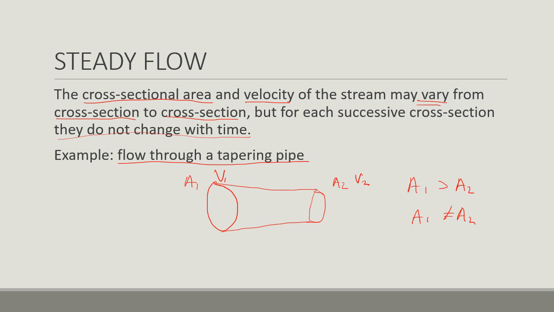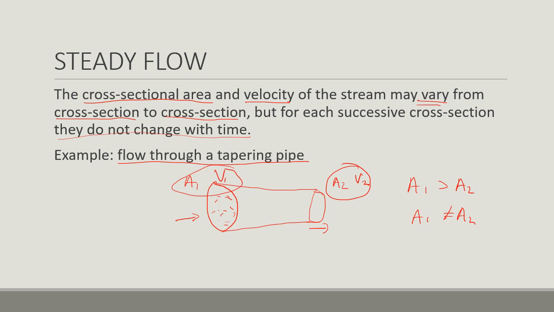Now, according to the definition, steady flow, the cross-sectional area and velocity of the stream may vary from cross section to cross section. So the flow will vary from this cross section to this cross section because they do not have the same area and velocity. But at this cross section, the flow will be the same.